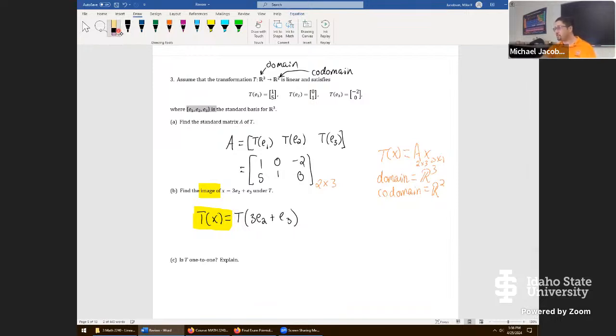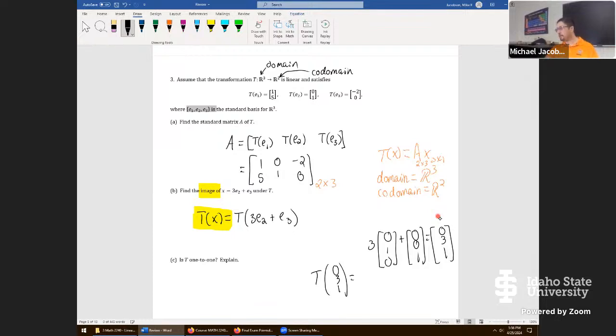Oh, geez, I would have to actually calculate that. 3e2 would go like this: 0, 1, 0. Plus e3 would be this one, 0, 0, 1. And so that would come out as a 0, 3, 1. So if we try to calculate this way, T of 0, 3, 1, we could get a value out, but now we have to use the matrix multiplication.